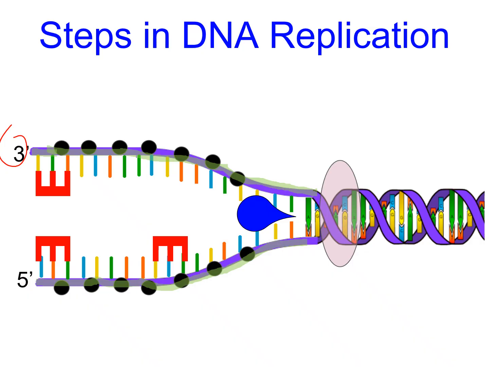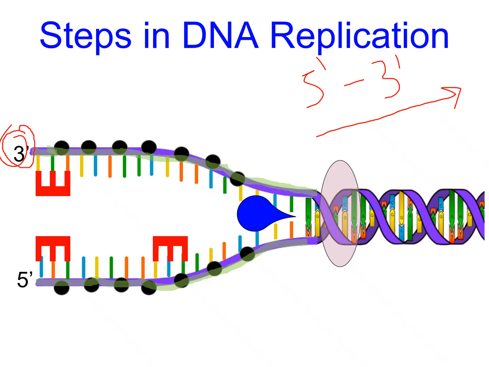DNA can only be synthesized in the 5 prime to 3 prime direction. So this is how DNA should be built, in that direction. Now, if we're using a parental strand as a template to synthesize a new strand that must be built 5 to 3, the easiest way to do this is to use the strand that is running anti-parallel to 5 to 3, which is a 3 to 5 prime strand.